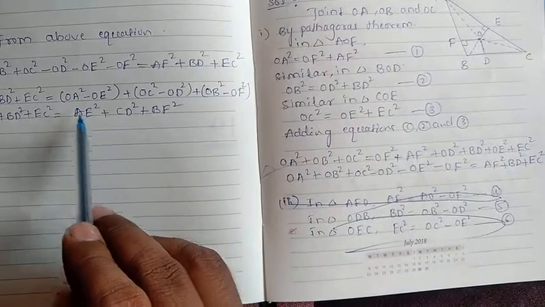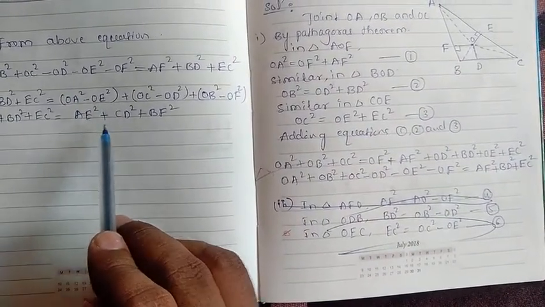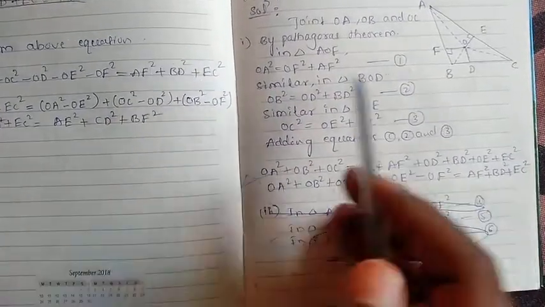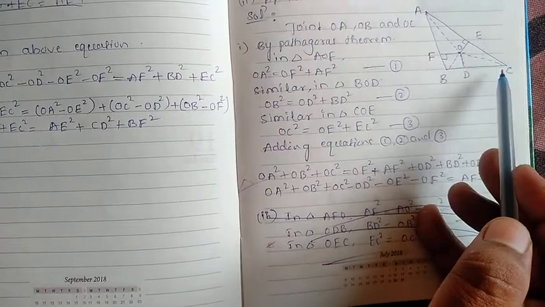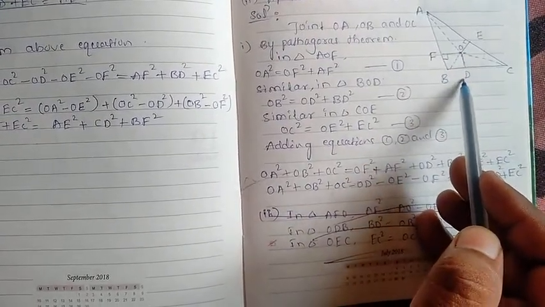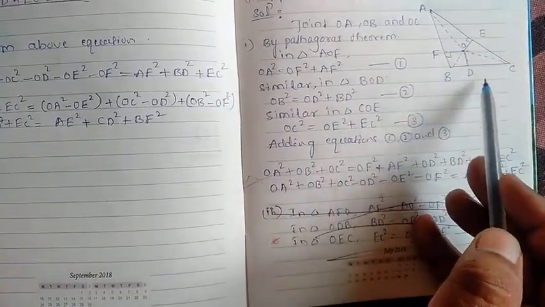Plus OC square minus OD square means CD square, correct. Hypotenuse minus base means height, that is the CD square. Plus OB square minus OF square.